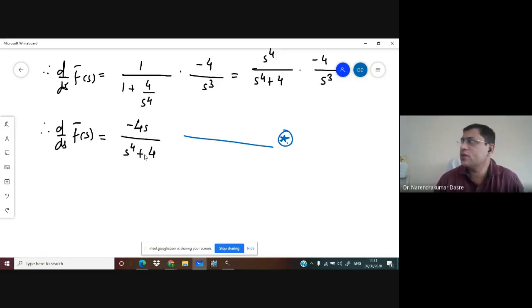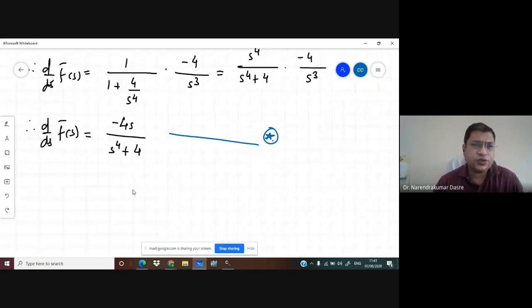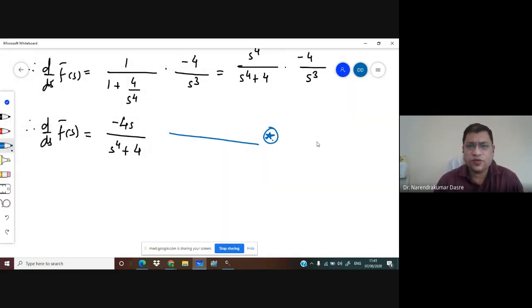We don't have any formula for s raised to 4 plus 4. So first we have to reduce it, because we have formulas only up to s square. Now how to reduce this? Let us see. We have s raised to 4 plus 4.